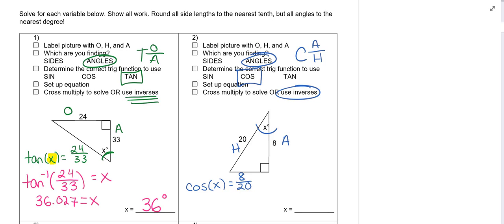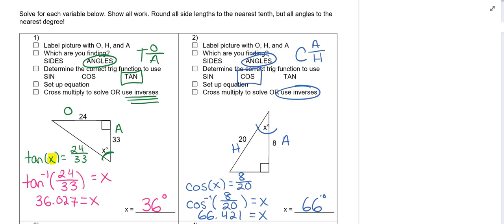And to free up my x, I have to use the inverse operation. So we're going to take the inverse cosine of 8 divided by 20, the adjacent over the hypotenuse. So x is going to be equal to 66.421, again rounding it to the nearest degree. That would just be 66 degrees.